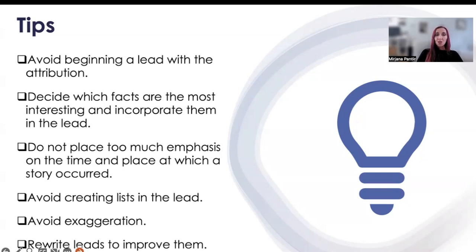Do not place too much emphasis on the time and place at which a story occurred. This is why leads are so complicated to write, because not only are you pressed to answer these important questions that every news story needs to answer, the 5 Ws plus H, but even the order in which you answer these questions in the lead is important.